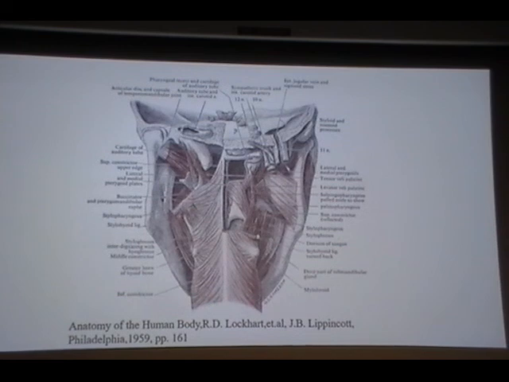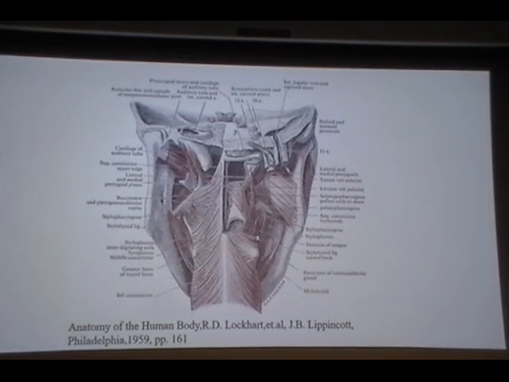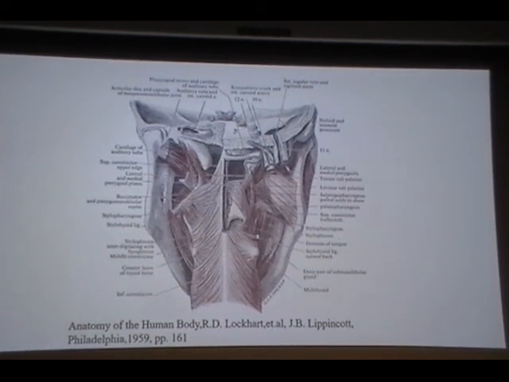We're going to be looking at these muscles again, as well as the medial pterygoid, the masseter, and the lateral pterygoid up here. We're going to see all of this in the laboratory, and we're going to talk about it again because we're going to talk about the anatomy of speech and swallow. All right, I'll let you go home and rest now.